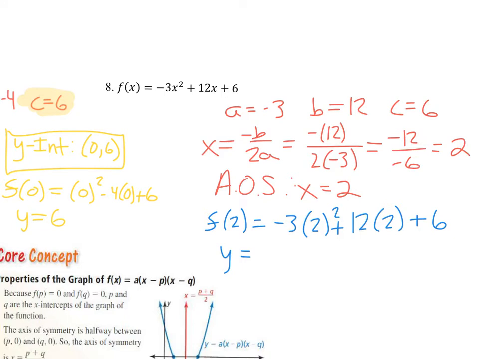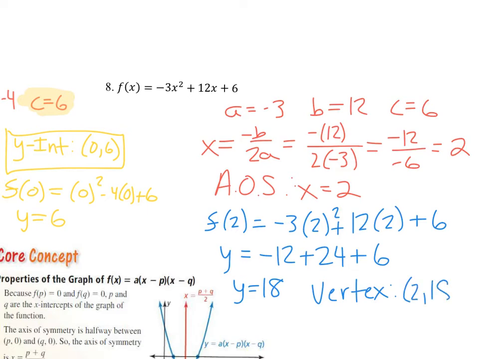So 4 times negative 3 is negative 12. 12 times 2, that's 24, and then plus 6. So what this all adds up to be is y is going to equal 18. So that means my vertex is going to be 2, 18.